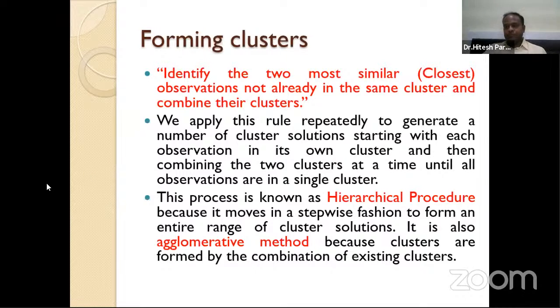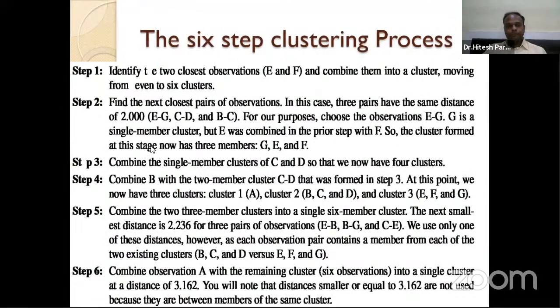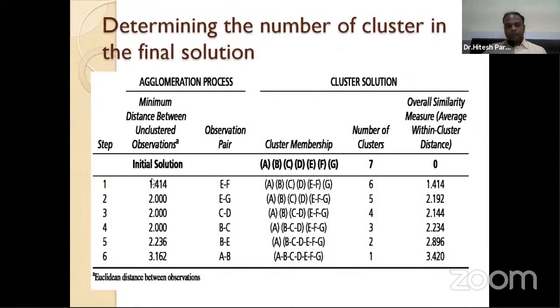Now let us do this process for our data set. In the initial solution, all 7 respondents are separate, so the number of clusters is 7. Whatever the number of respondents, that becomes our number of clusters in the first stage.